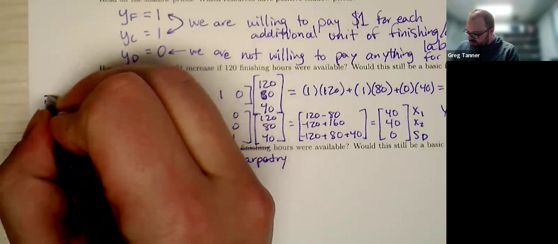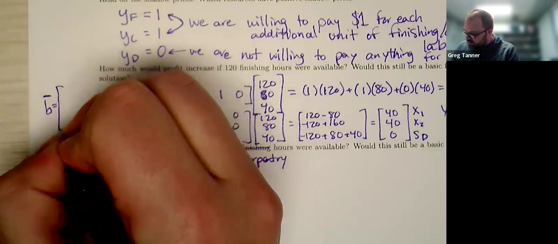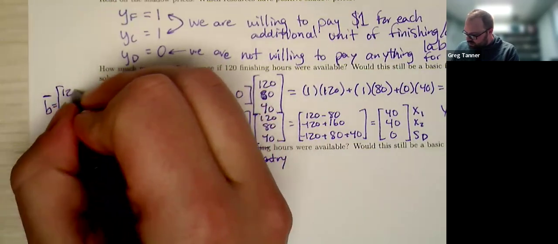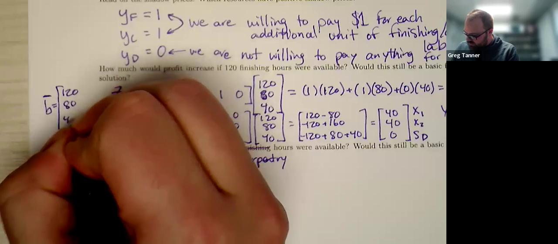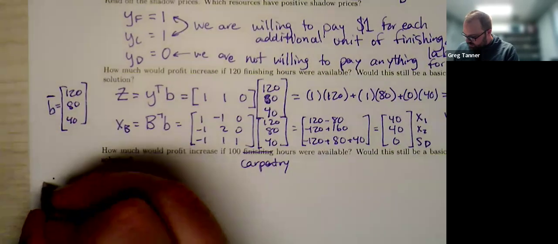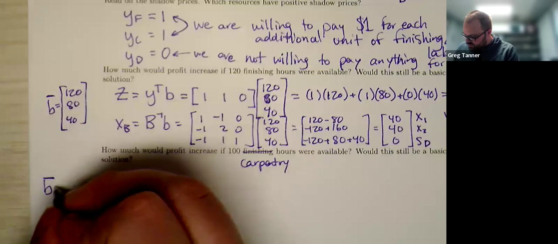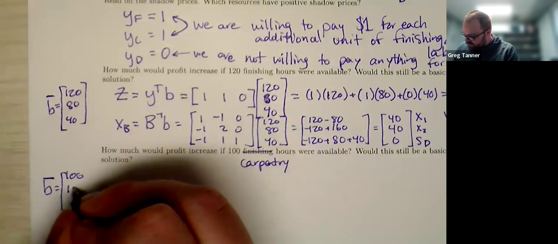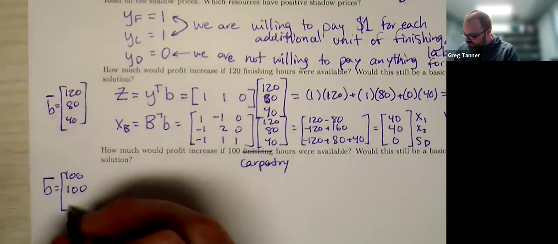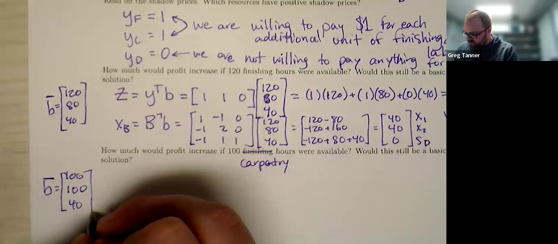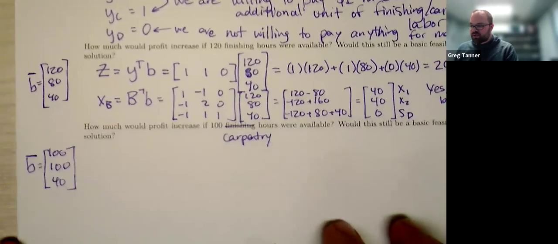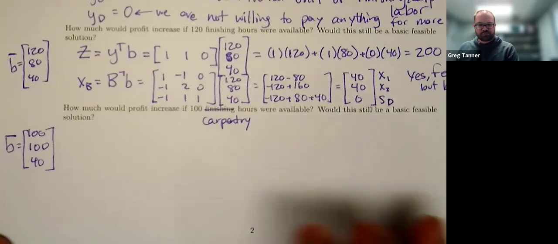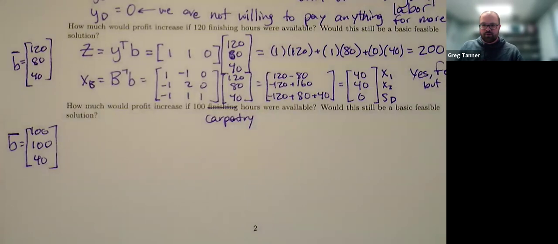I'll call this b bar for the new b vector. In this case, it was 120, 80, 40. And now try out a different change where we're looking at 100 for finishing, but now 100 for carpentry and still 40 for demand for soldiers. So pause the video, try that one out, and then I'll show you what we've got once you've given it a try.